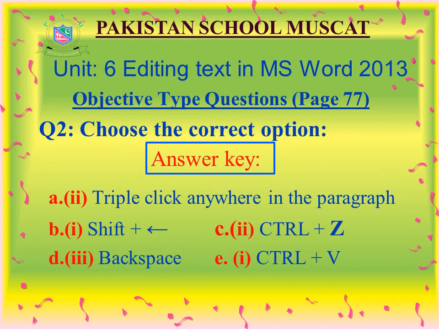For part A, the correct answer is option 2, triple click anywhere in the paragraph. And for part B, the first option, number 1, Shift along with left arrow key. And for part C, option number 2 is the correct answer, Control along with Z key on your keyboard.